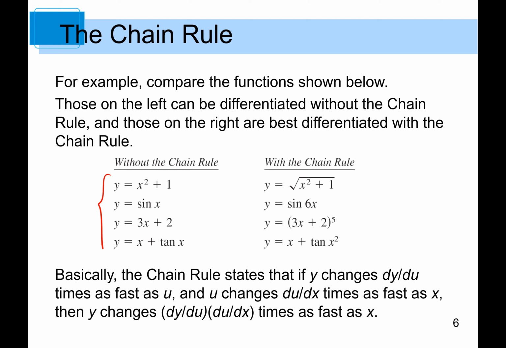So these are the functions without using the chain rule, like y equals x squared plus 1. And if you put a square root on top of the function, then it becomes a composite function, a composite function of a second degree polynomial.